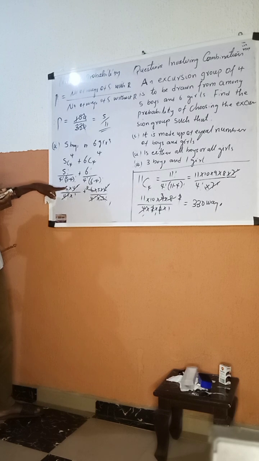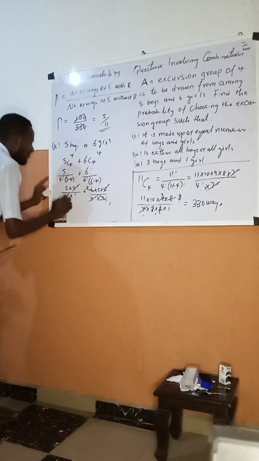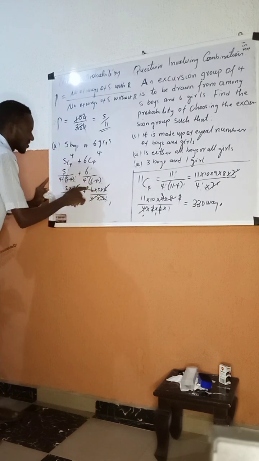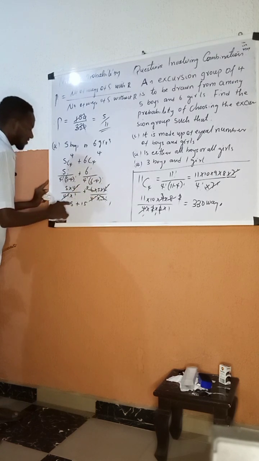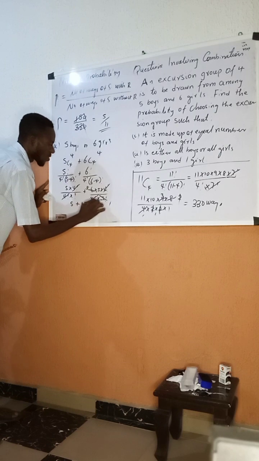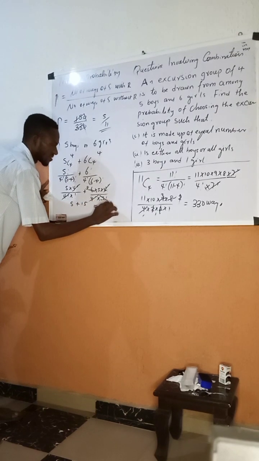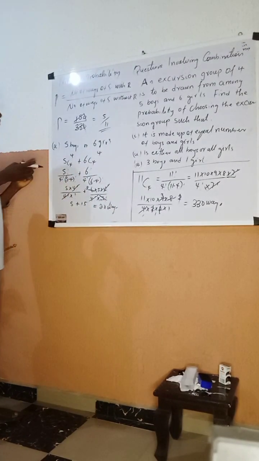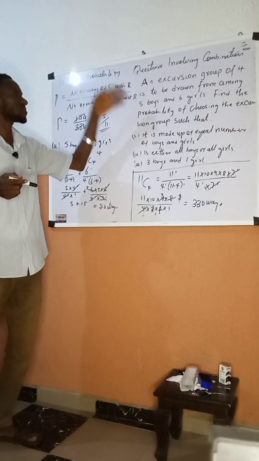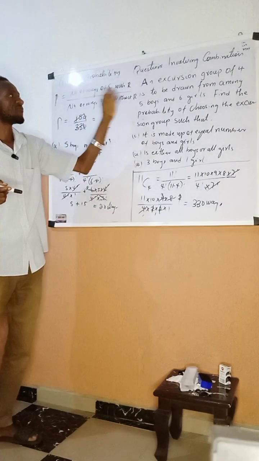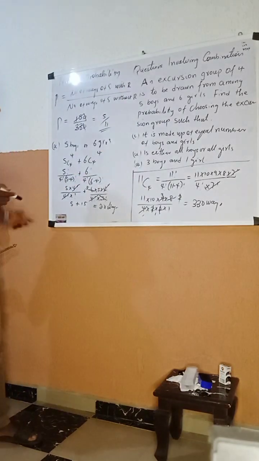So what I have here is 5, and here 3 times 5, which is 15. And 5 plus 15 equals 20 ways. So there are 20 ways of selecting either 4 boys to go for the excursion or 4 girls to go for the excursion.